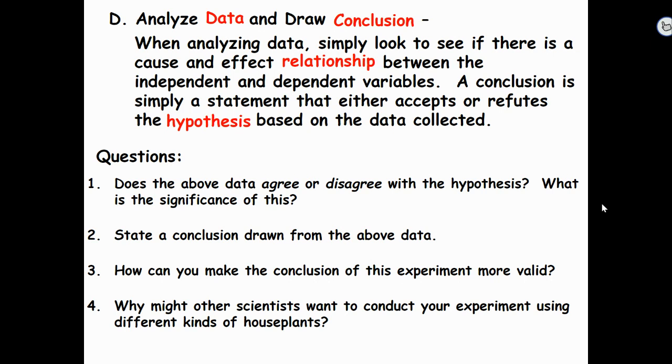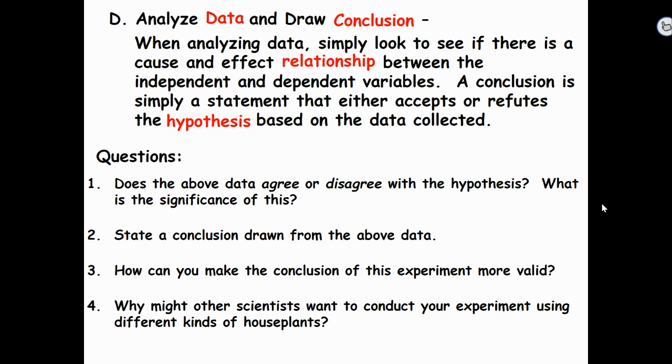How can you make the conclusion more valid? Well, I already said, how can it be more valid is if you have more data. Right? If you take a coin and theoretically there's 50% chance of getting a head, 50% chance of getting a tail. Okay, but if you flip that coin 5 times, you might conceivably get all 5 heads or all 5 tails or some combination.